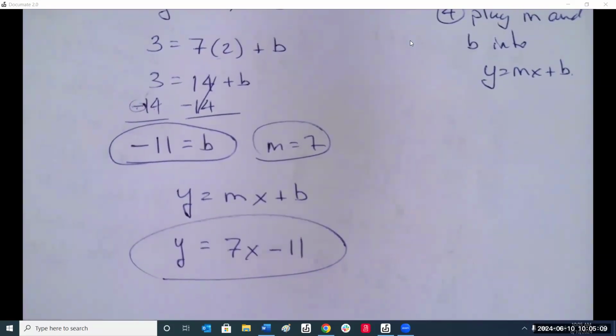There's your equation of the line. Again, it all depends on what you're given. There's no one easy magic. You have to find stuff, but you have to get to a place where you know the slope and you know the y-intercept. If you don't know the y-intercept, use a point and then find it.